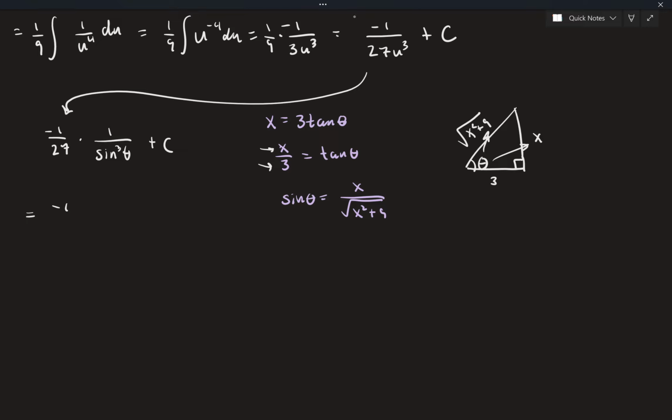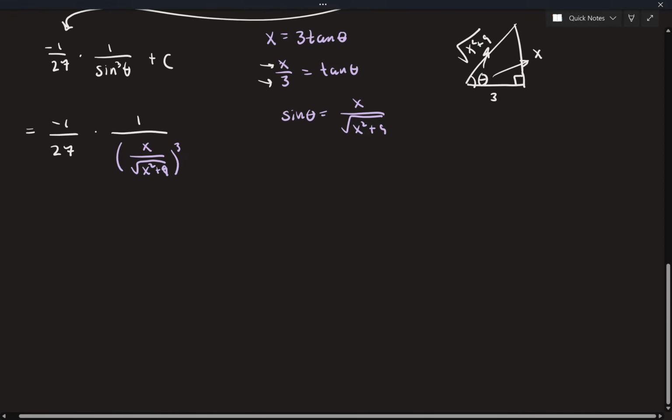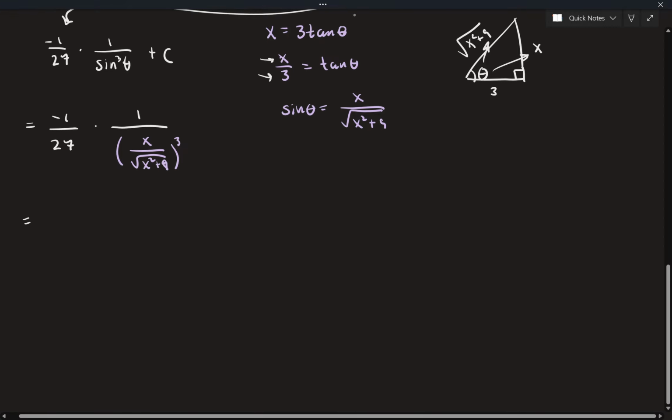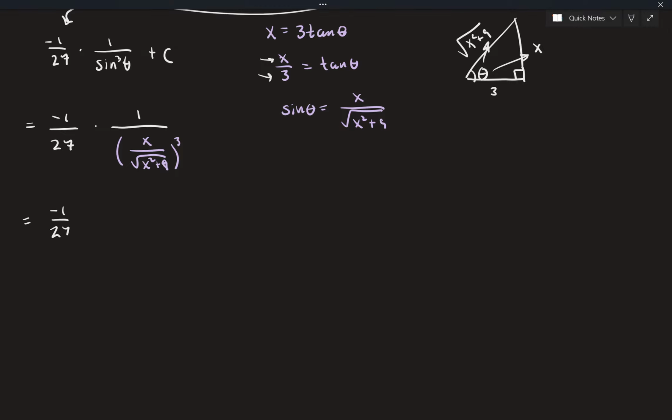So I've got minus 1 over 27 times 1 over sine cubed. So I'm going to put in sine theta there, cubed. Now I'll just simplify just a little bit. There's not too much I can do, but I can do a little bit. Minus 1 over 27 times, it's in the denominator, so I'm going to flip it.